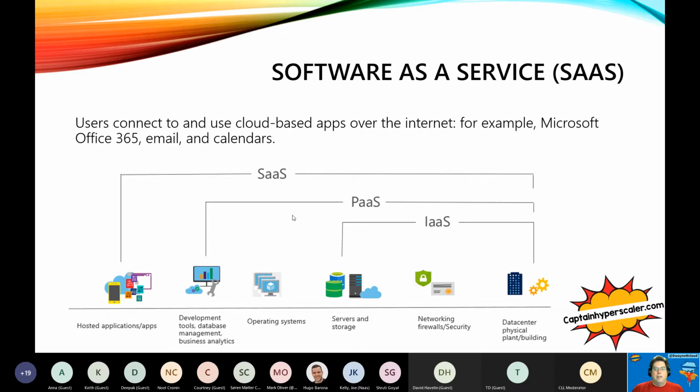And then just to sum up, when we're talking about software as a service, Office 365, having Exchange Online, SharePoint Online, OneDrive, all of those types of things fall into software as a service. You're getting your apps and everything delivered right to you, and all you're doing is accessing your data.